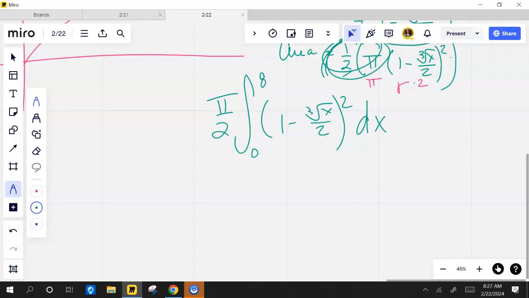I'm not going to try to do that now. 1 minus cube root of x over 2, from 0 to 8.